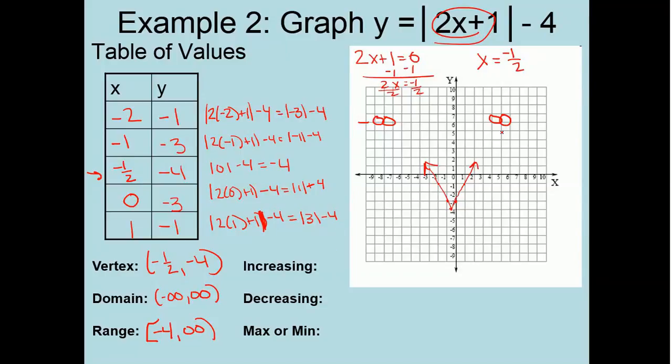Looks like I'm increasing from negative 1/2, because remember, you're always going to be looking at your x, to positive infinity. And then I'm decreasing from negative infinity to negative 1/2. I have a minimum, because I have a valley, and my valley is at negative 1/2, negative 4.